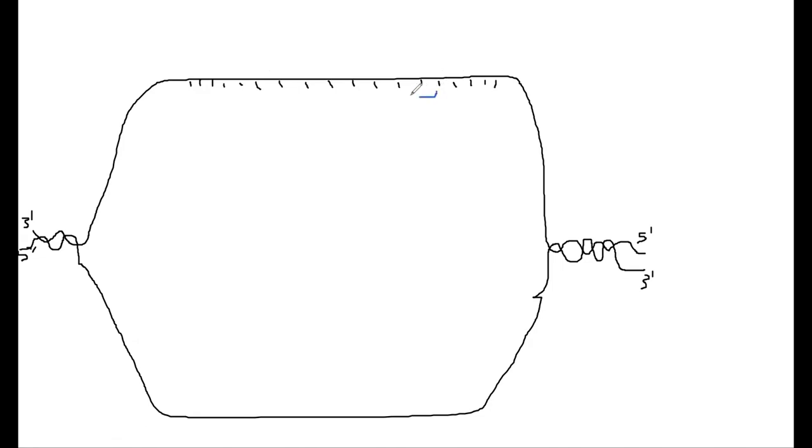And here we have the complementary strand that's being synthesized in a continuous fashion in this direction. So that will just keep going in that direction.